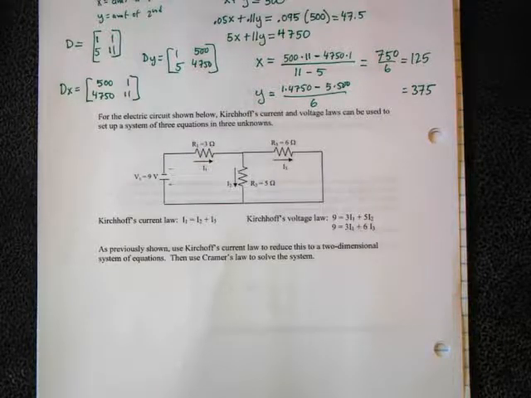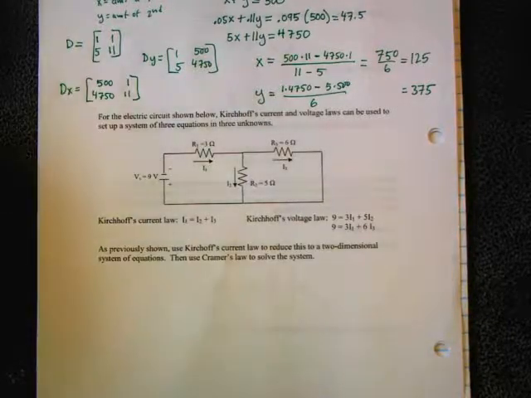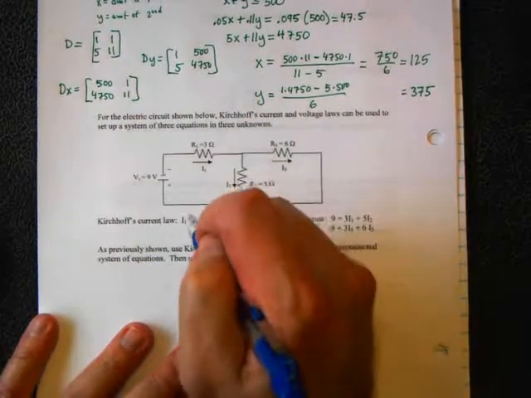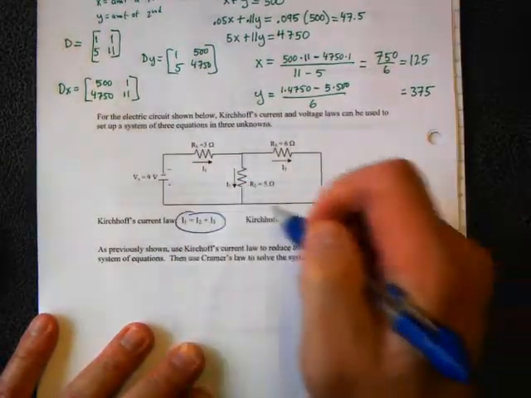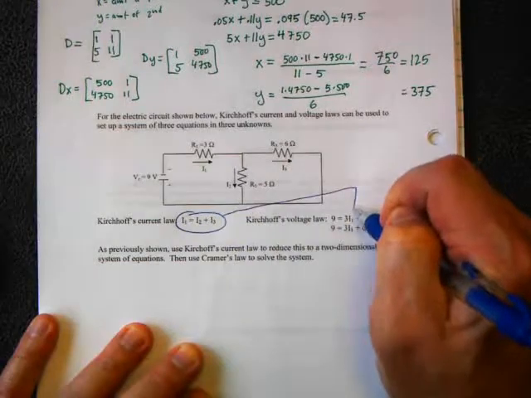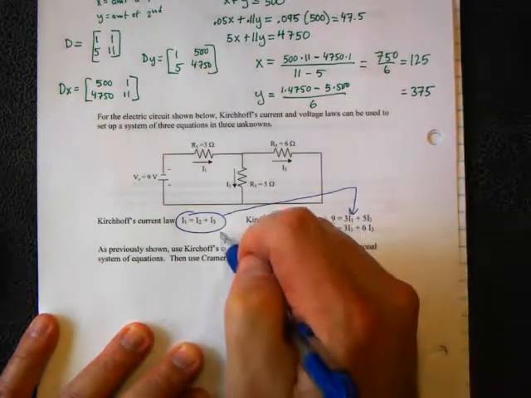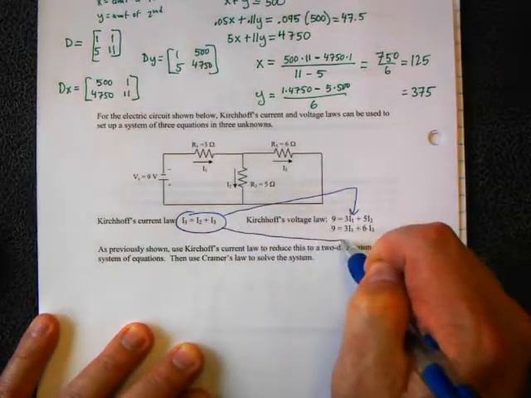Any ideas? Correct. What we're going to do is take this equation right here, I1 equals I2 plus I3. I'm going to plug that in right there, and I'm going to plug it in right there.